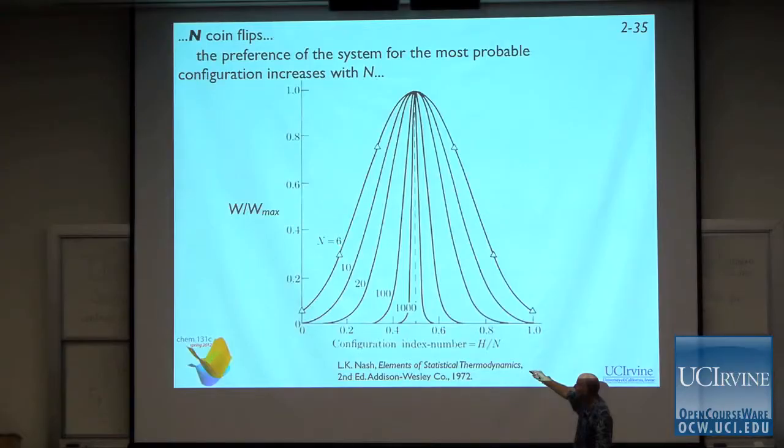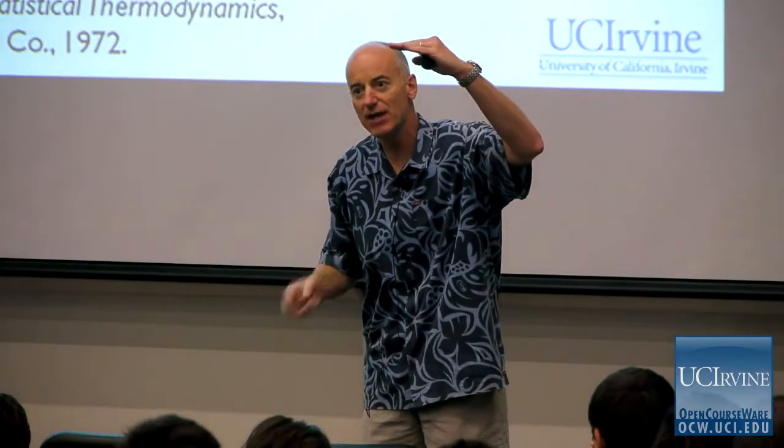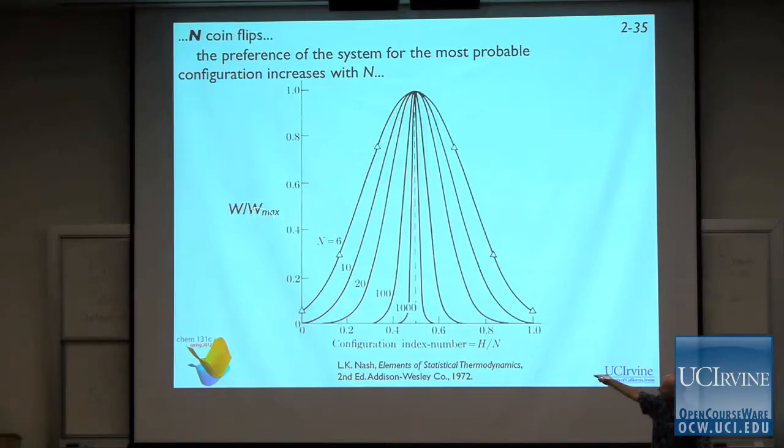All right, here's 6 coin flips, 10, 20, 100, 1,000. Of course, the number of microstates goes way up as the number of molecules goes up, but let's normalize by the maximum number of microstates that can exist for each one of these systems as it gets larger. Because we want to see what happens to the shape of this distribution.